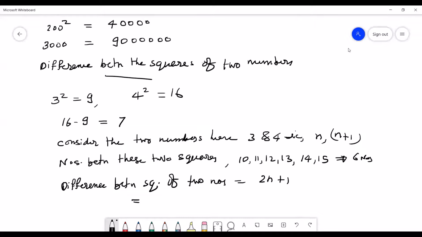That is here 2 into n, which is 3, plus 1. Here it is coming 7. So this is also 7. So we can prove that the difference between the squares of two numbers is 2n plus 1.